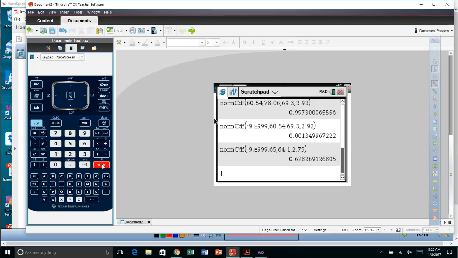Press enter, and the calculator gives you 0.62, or 62.8%, which is real close to what the table gave you. There's a little rounding in the table that's not in the calculator.